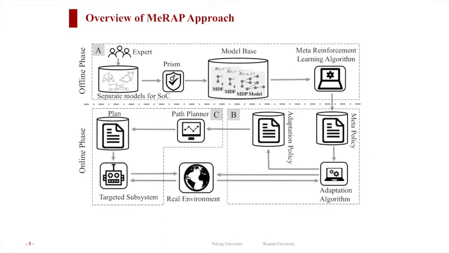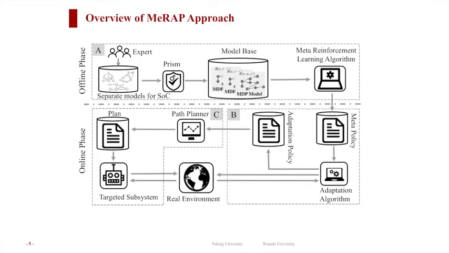Third, a meta-reinforcement learning algorithm learns a meta policy over these MDPs in the model base. Online adaptation, that is for generating a real-time adaptation policy from the meta policy.